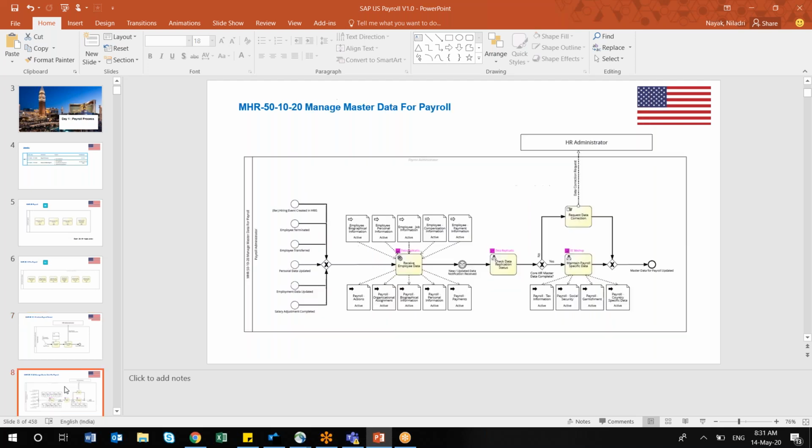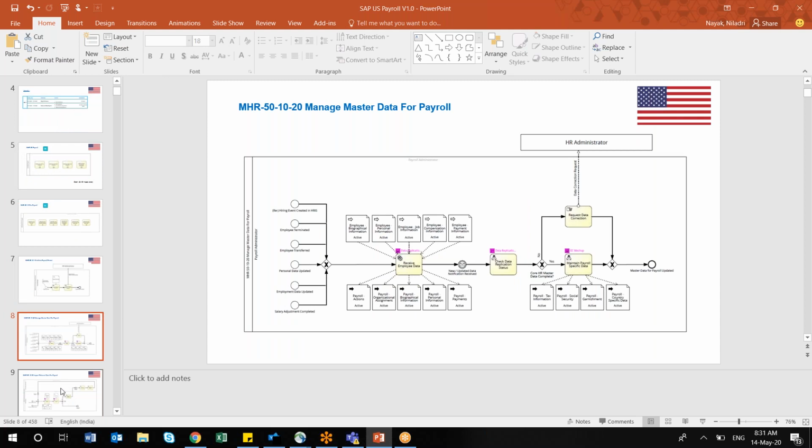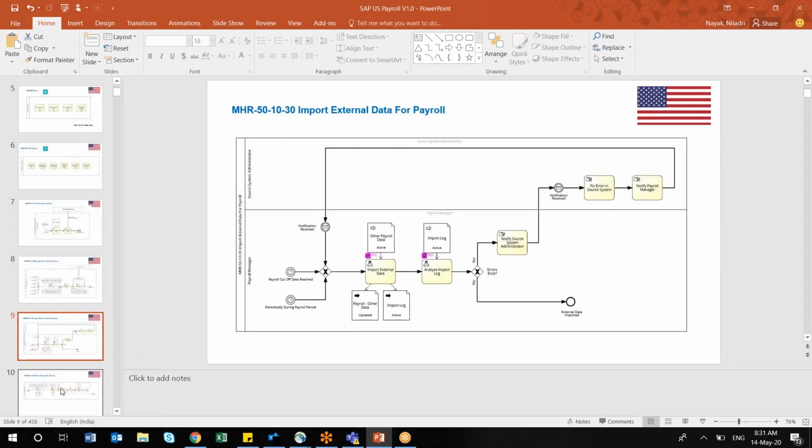I'm not going into much detail on how to manage master data for payroll, or the different employee events, but this is good when you are starting a conversation with your client about what a typical process looks like and whether there is any deviation in their current processes. It will be useful because you can't start a technical conversation with the end user.